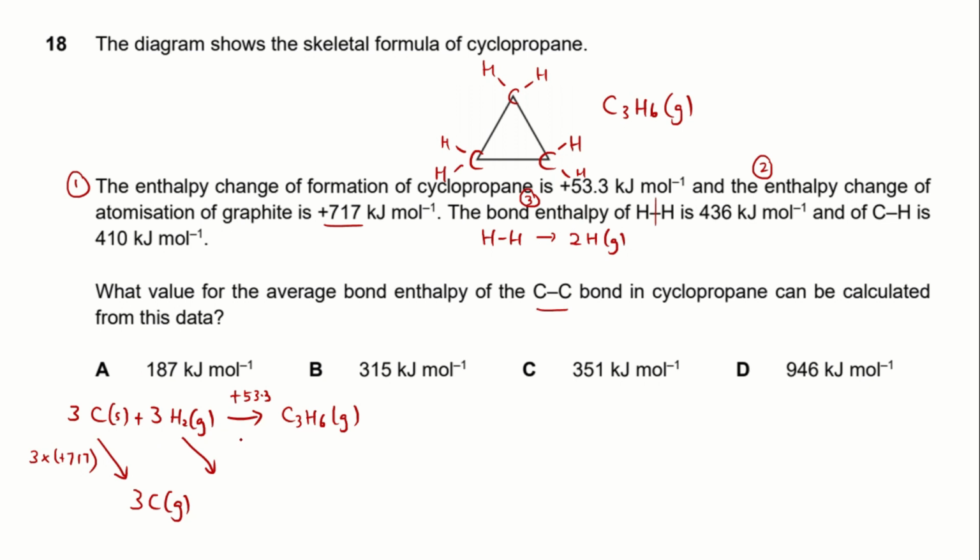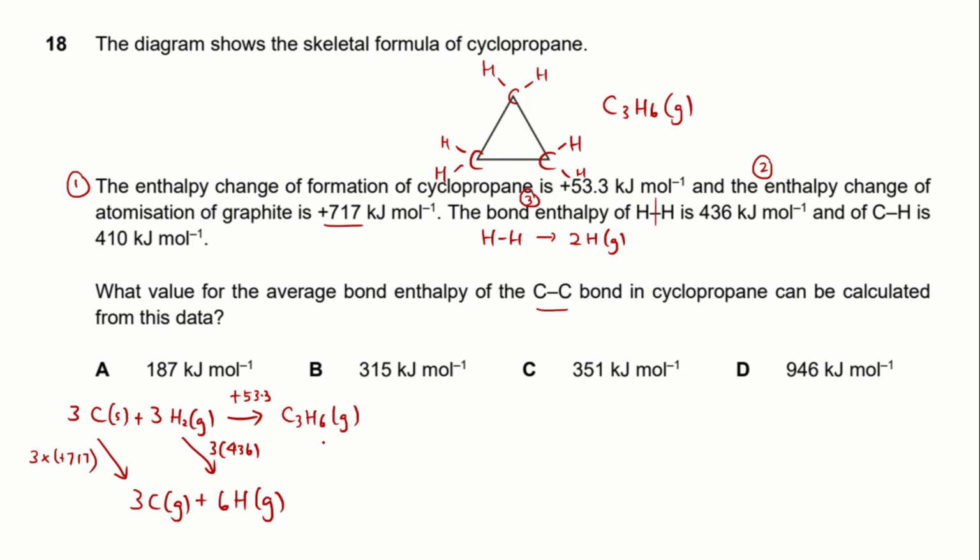Breaking all the H-H bonds in all 3 hydrogen molecules, we are going to get 6 hydrogen atoms. So the energy change for this reaction will be 3 times 436. Why multiply by 3? Because this bond enthalpy is to break 1 mole of the bond. Now we have 3 moles, so multiply by 3.